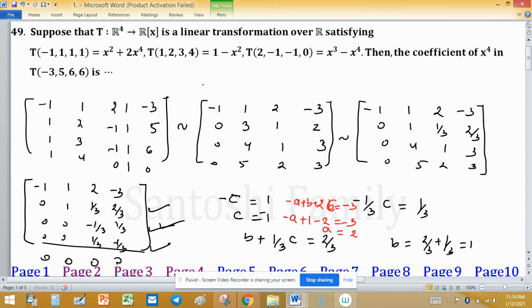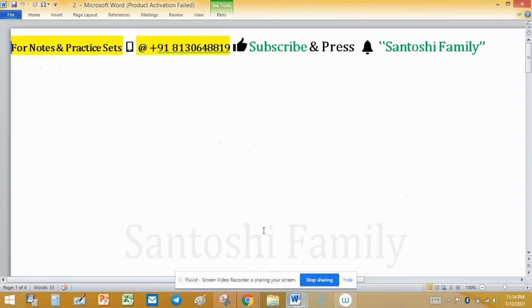Now what will we do? Multiply these by the images. A = 2, B = 1 and C = -1, and the images were x^2 + 2x^4 and so on.